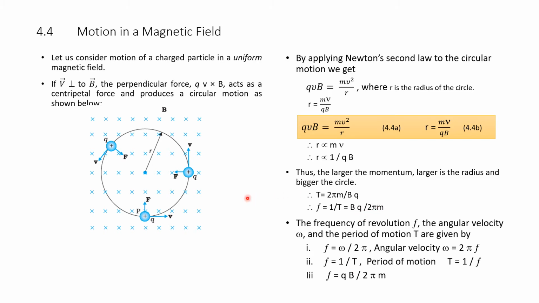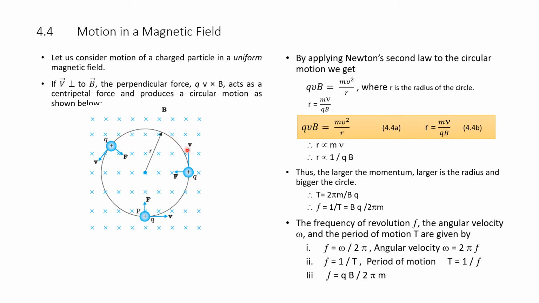So let us repeat the lessons learned in this section 4.4. Consider the motion of a charged particle in a uniform field. The charge plus q is in a magnetic field B. Here the magnetic field is perpendicular to the velocity vector and to the force. All three are mutually perpendicular to one another.